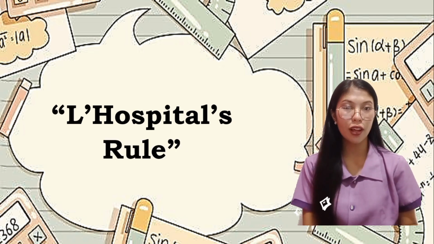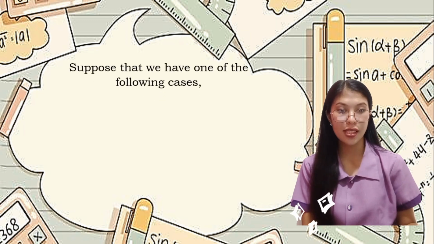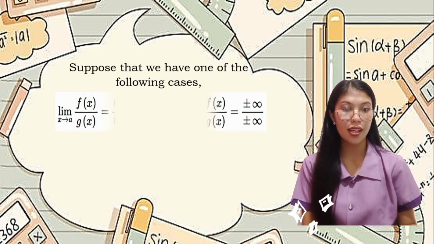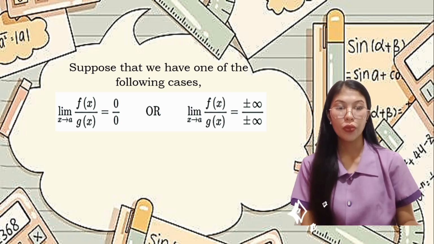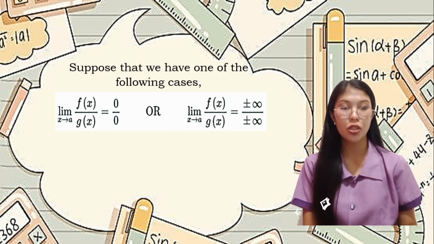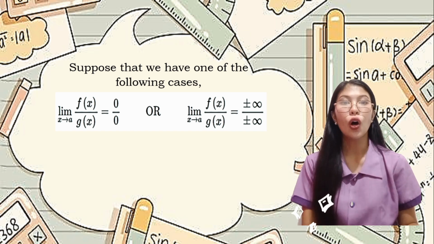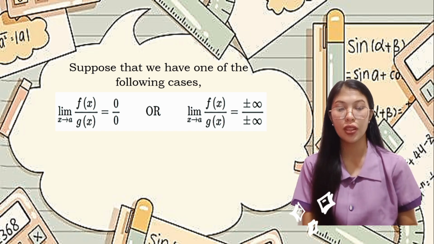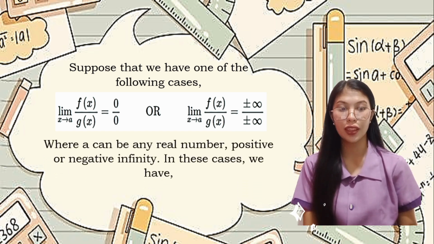Suppose that we have one of the following cases. The limit of f of x over g of x as x approaches a is equal to 0 over 0, or the limit of f of x over g of x as x approaches a is equal to positive or negative infinity over positive or negative infinity, where a can be any real number, infinity, or negative infinity.